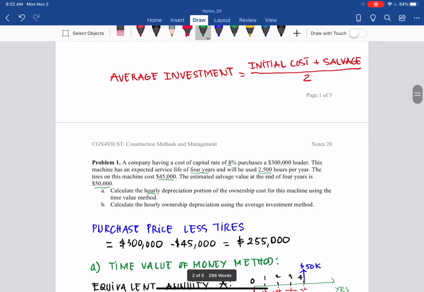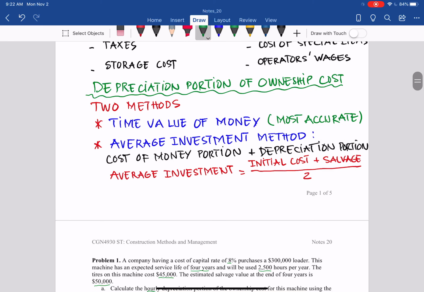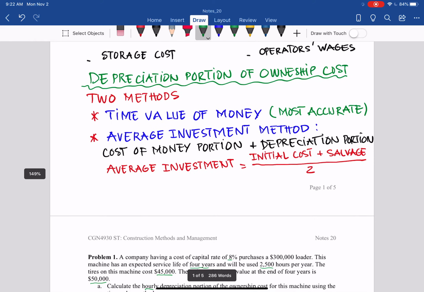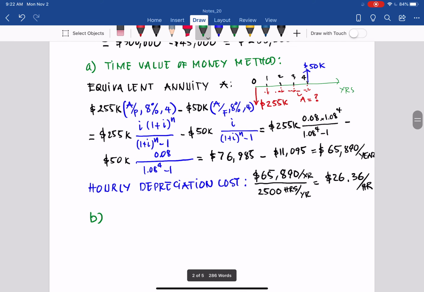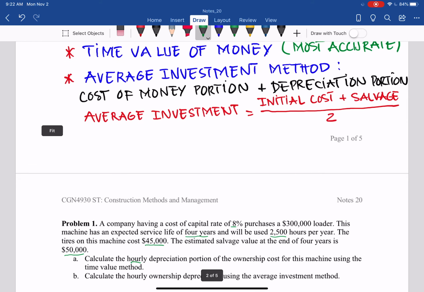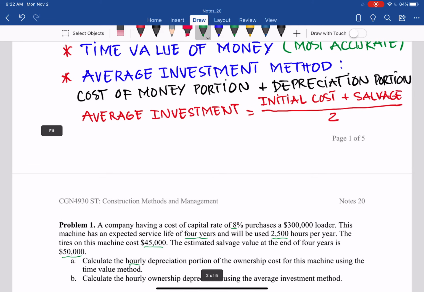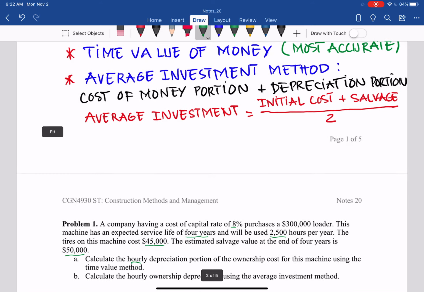And now we can use a simpler method, but it's not as accurate as the one we just did. That is the average investment method. With the average investment method, we need to know the average investment: initial cost plus salvage value, divided by 2.